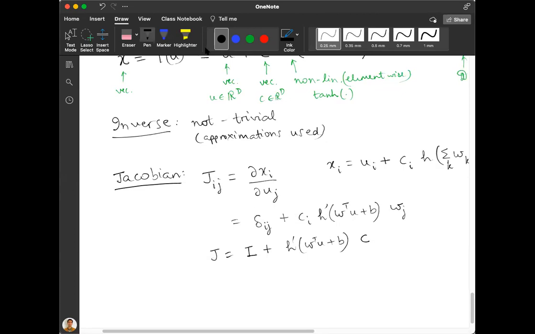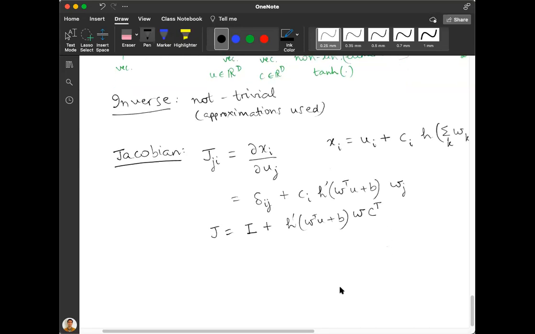Oh, actually it's j i. I'm sorry. J's are the rows and i's are the columns. Yes, now it is correct. So w comes first, and c transpose. Yes.